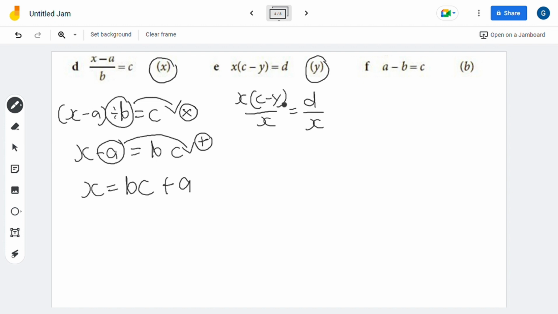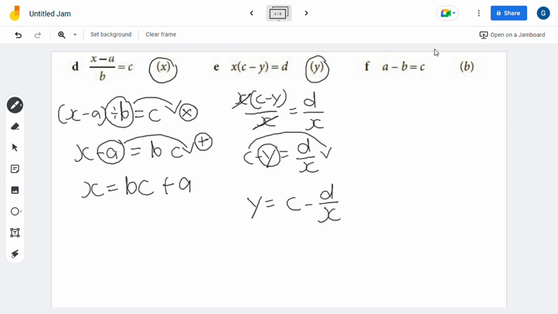Since there are two x, we can just cut them off. So now we have gotten rid of the x on this side. So we will get that c minus y equals to d over x. So to find y, we can shift c over to the other side. So y will equal to c minus d over x.